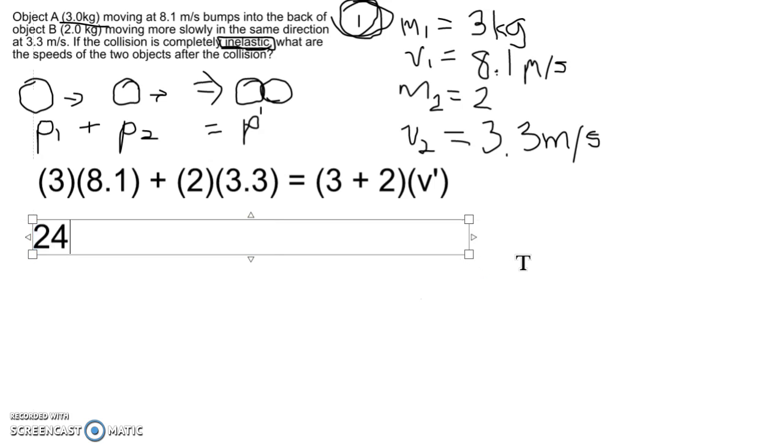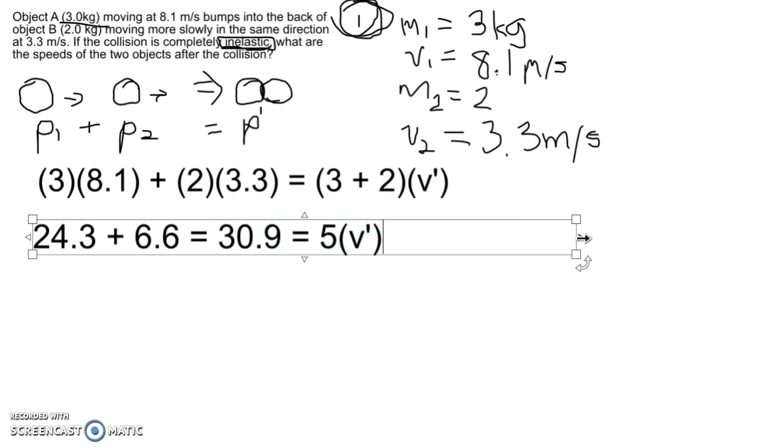So 24.3 plus 6.6. I'll just write the combined total, which is 30.9 equals 5 V prime. As you can see, all we need to do now is divide both sides by 5.